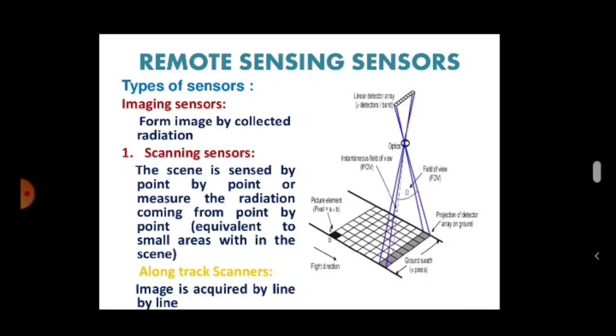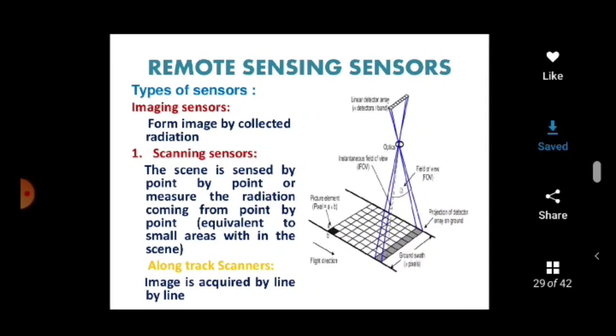These are aligned parallel to the ground and perpendicular to the flight direction, as you see in this graph. Also, when it comes to along-track scanners, the forward motion of the sensor advances the position of this sensing array over the scene. That's why these are called a push broom.